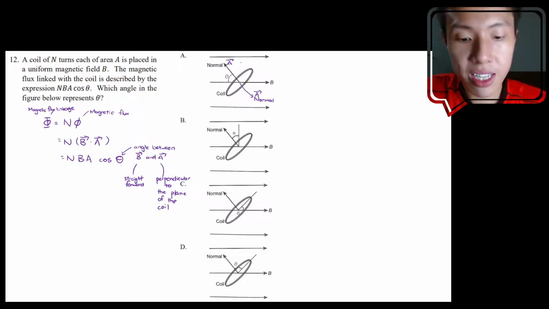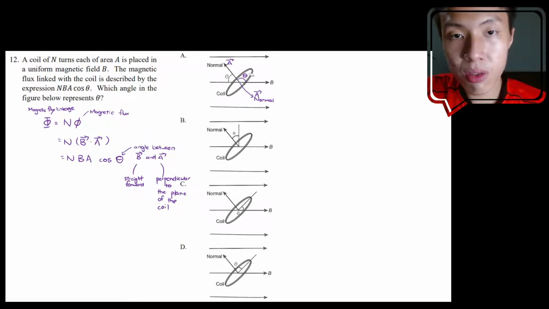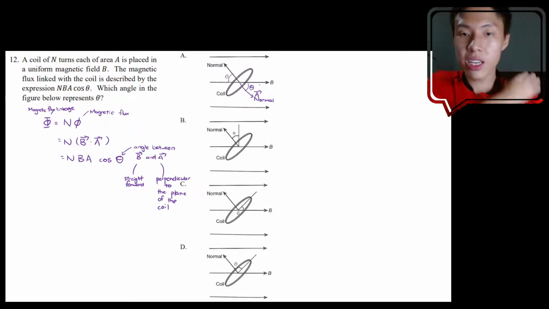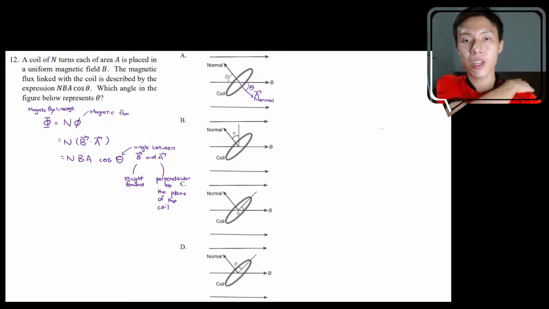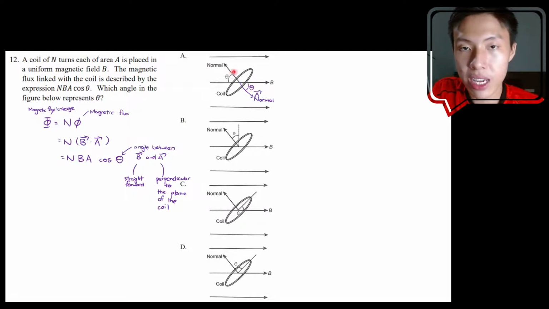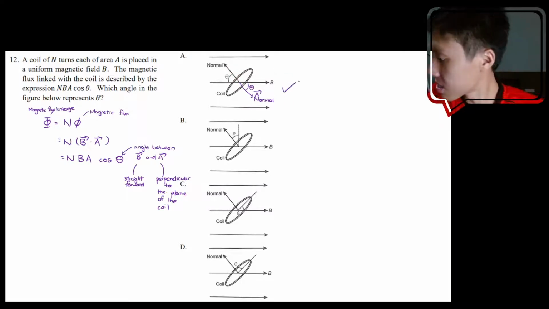Okay, if you assign it to be here, then the angle between A and B will be this theta over here. But if you assign your area vector to be not here but here, then the angle between A and B will be here. Okay, so which one will be more appropriate? Well, we can see that this angle over here is equal to the angle over here. So actually this will be our answer.